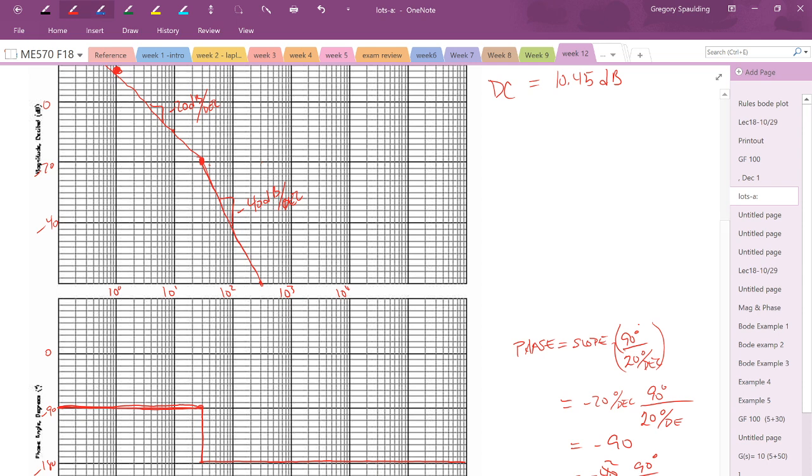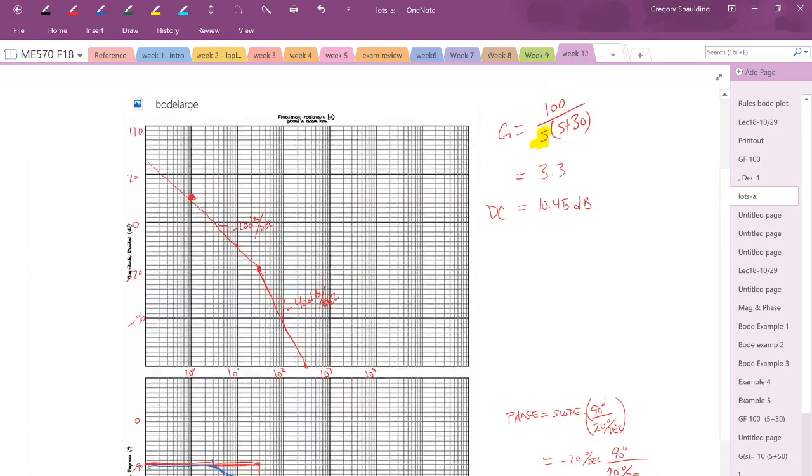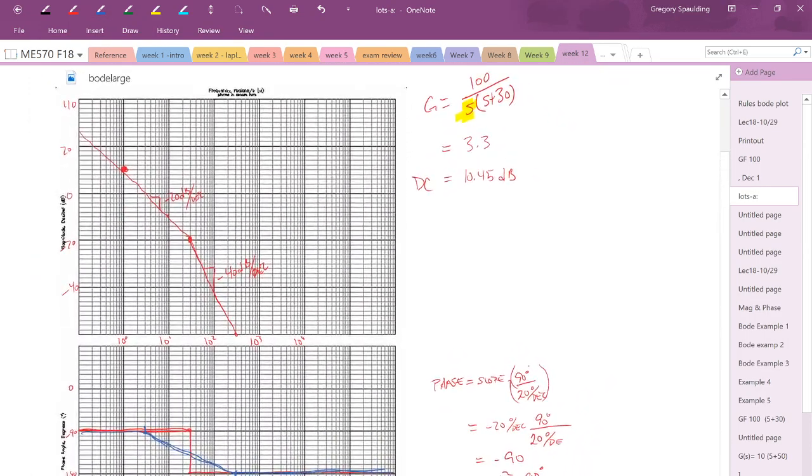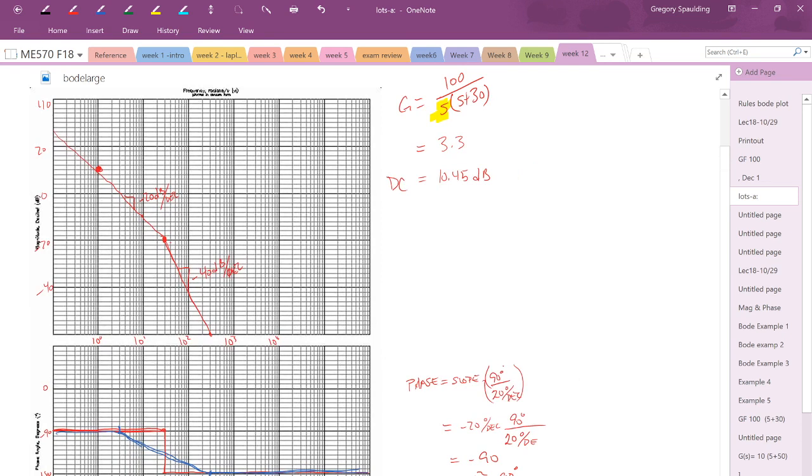Again, we're going to step back 1 decade and forward 1 decade, and our plot would look something more like this, more properly. Okay, so that would be our phase plot for G equals 100 over s times (s plus 30), and so that would be the asymptotic Bode for that. Okay?